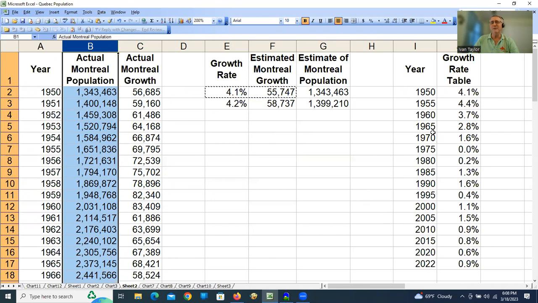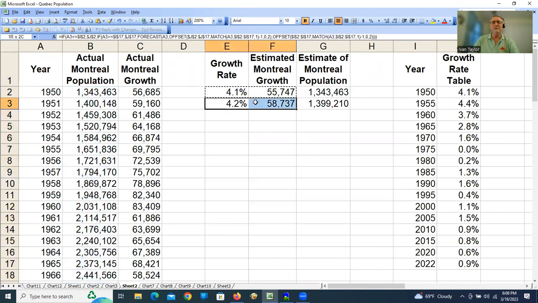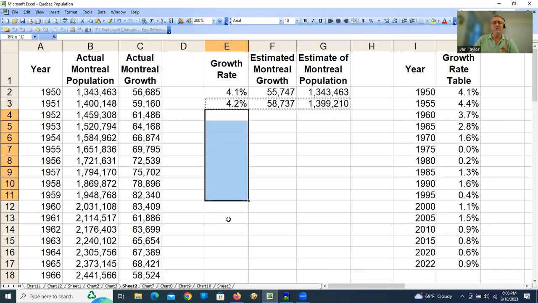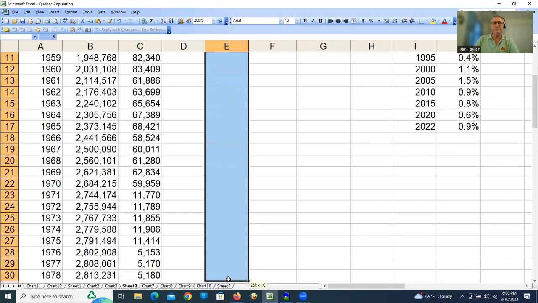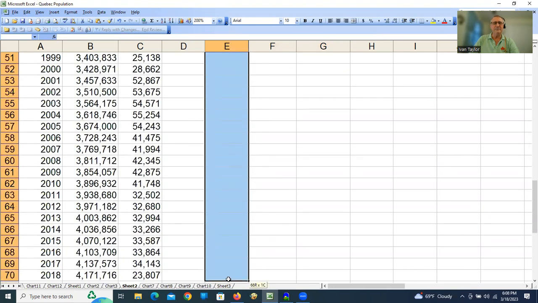And the lookup table basically uses a methodology called linear interpolation to look up the values in the various years between 1950 and 2022. So now I have the first few years specified. So I'm going to copy and paste this down for the next 70 years.